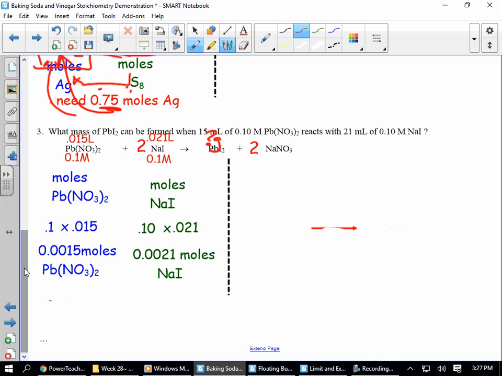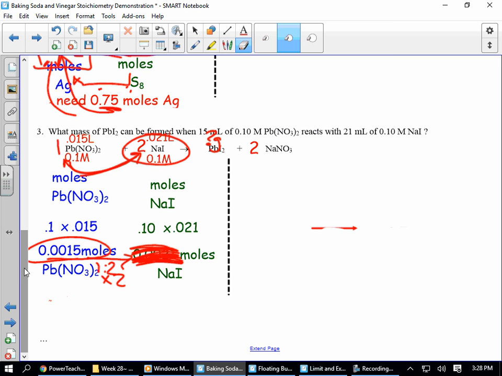Follow the ratio. But I know that this is a 1 to 2 coefficient. So I need twice as much sodium iodide as I do lead nitrate. So I'm going to cover up my sodium iodide, and I'm going to say I need twice as much.